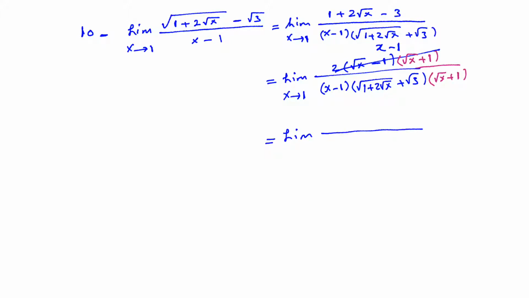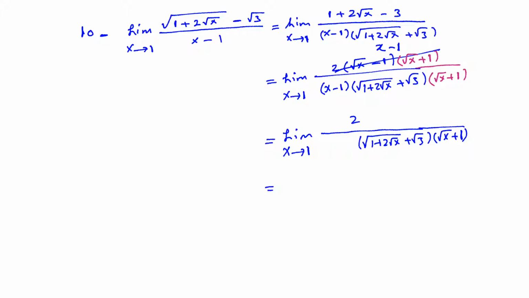By doing this, we have the limit equals the limit of 2 divided by x minus 1 times square root of 1 plus 2 root x plus root 3 times root x plus 1 as x approaches 1.